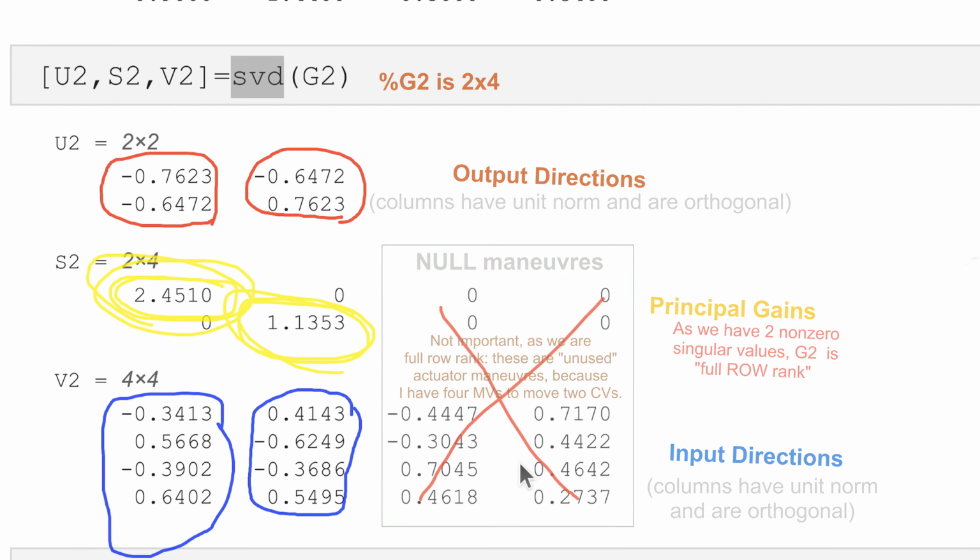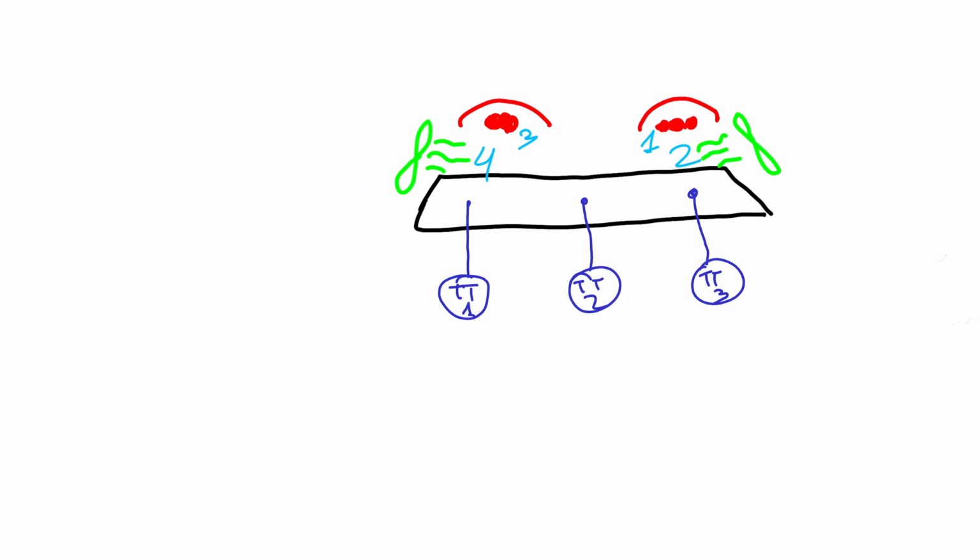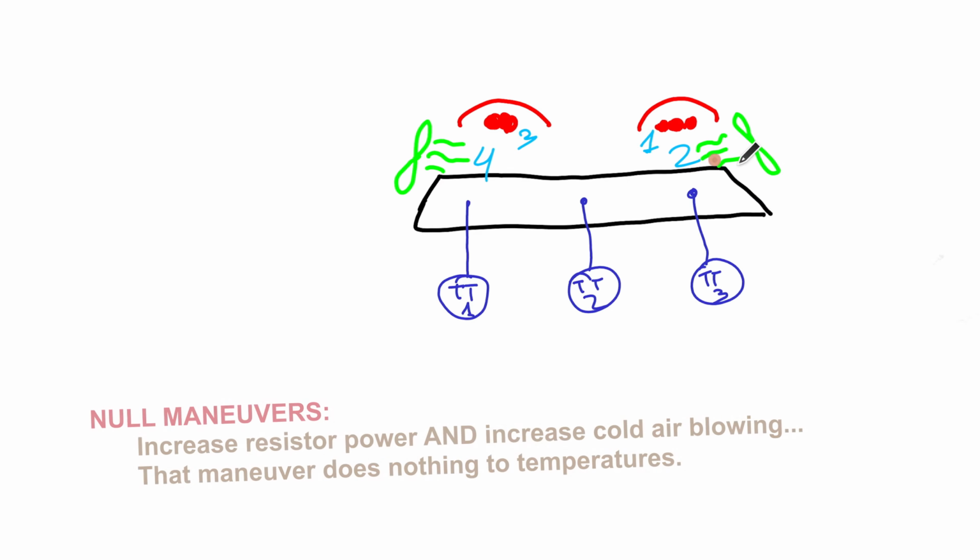The intuition is, if we go back here, imagine that I consider increasing the voltage to the resistor 1 and at the same time increasing the voltage to fan 2. Then the net effect, with suitable gains, can be 0. The extra heating by the resistor is just blown away by the extra cooling of the fan.